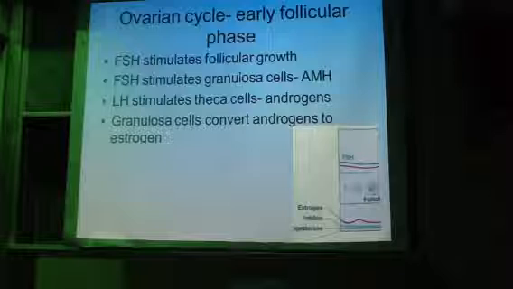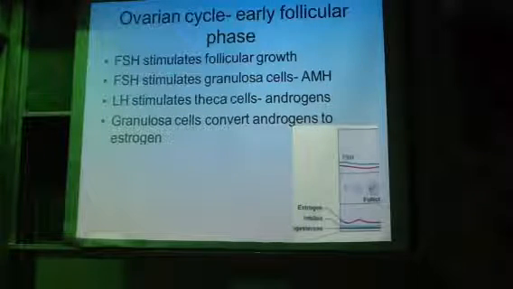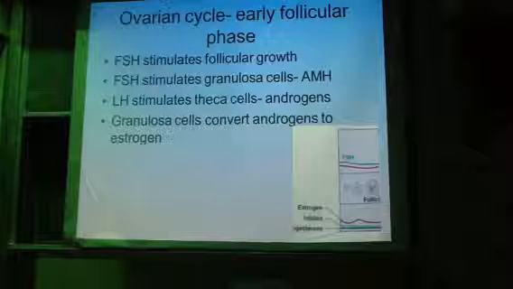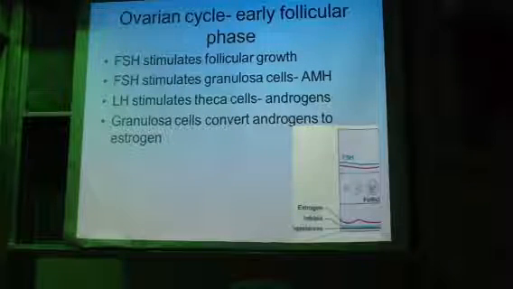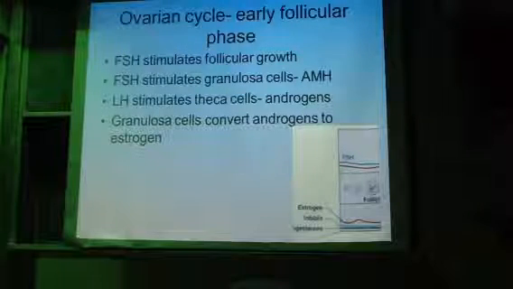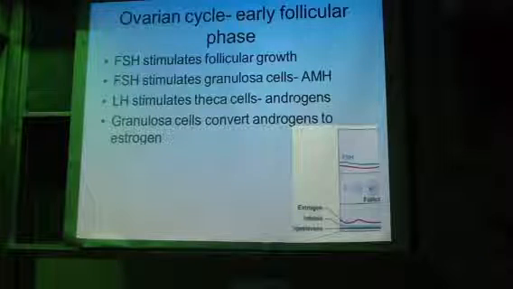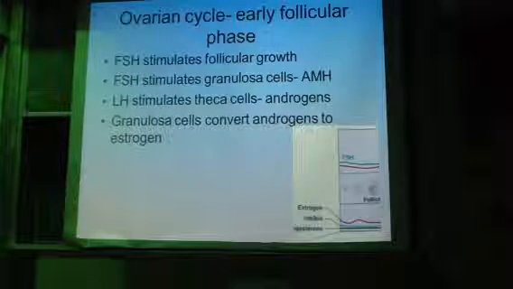So the granulosa cells are kind of like the Sertoli cells in the male, and the theca cells are like the Leydig cells. So notice, again, that the major thing would be androgens first. Sex drive, androgens. Not only the adrenal, but here too.